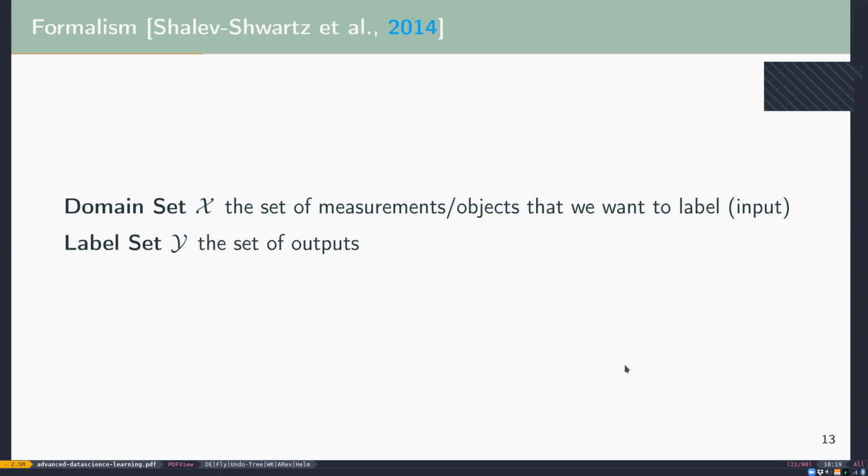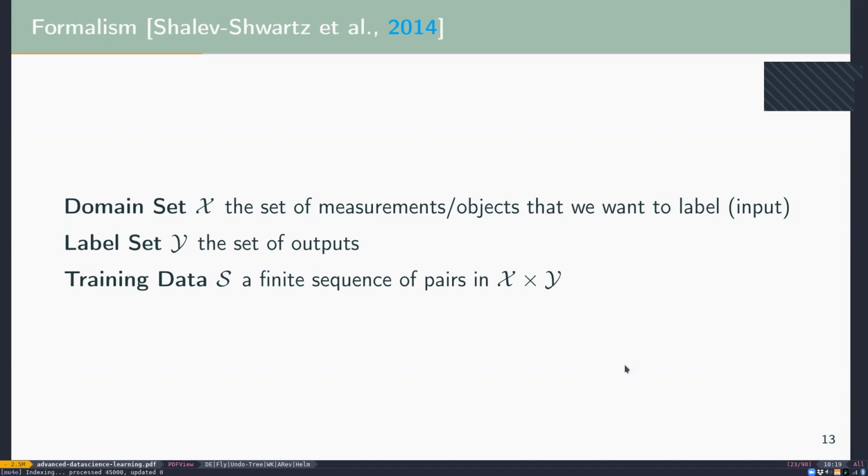Then I have a set of outputs, Y, which are the labels that I want to attribute to X. And then I have a training data set: a finite sequence of pairs in this product space X and Y. This is what I have access to.